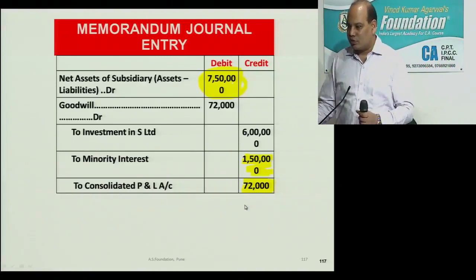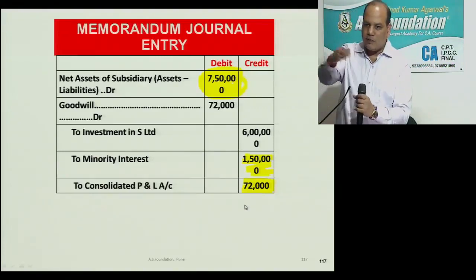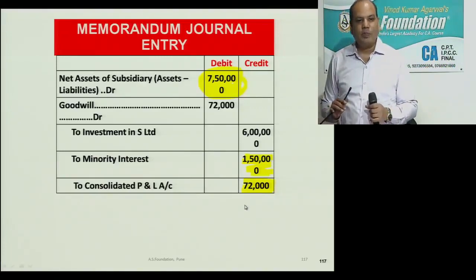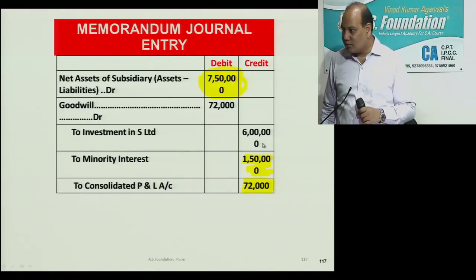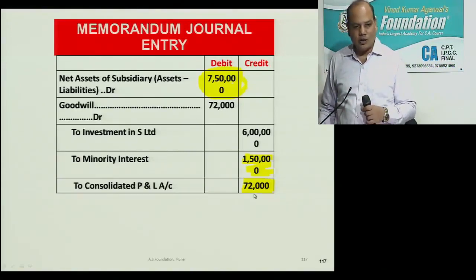Now what you do is incorporate the effect of this entry in the parent company's balance sheet. In the parent company balance sheet, assets and liabilities of 8 lakh something will appear, goodwill will appear, investment will disappear, minority interest will appear, and the consolidated P&L account will increase by 72,000.